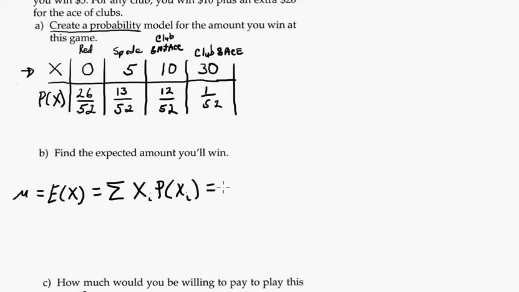So that's just going to be 0 times 26 divided by 52.